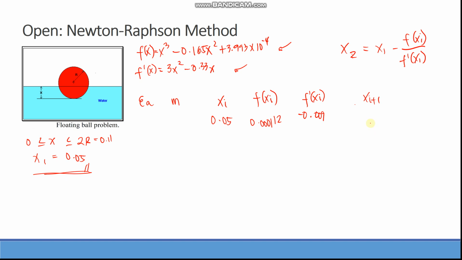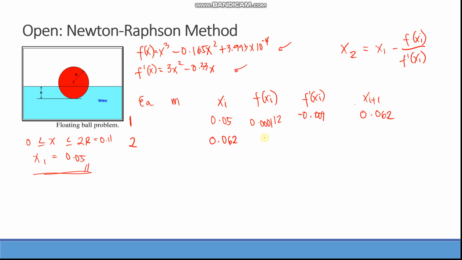So the second point here, up to the 3 decimal places, is 0.062. That will be our new value of x for the second iteration. So we have the first iteration and then the second iteration, 0.062.